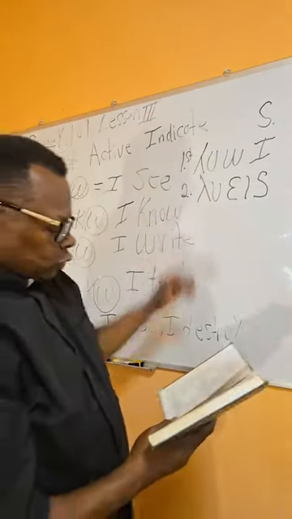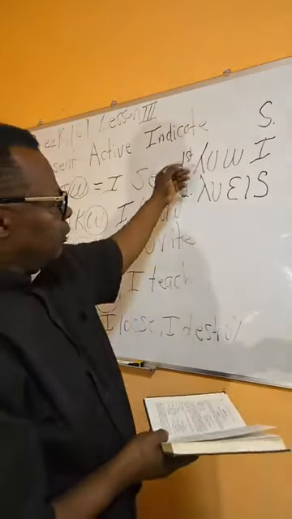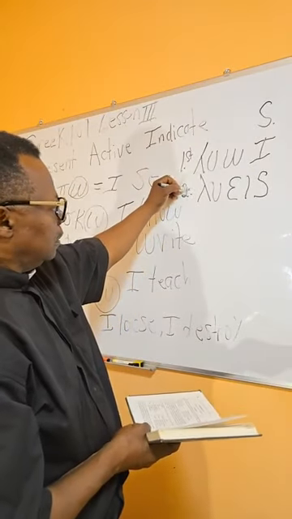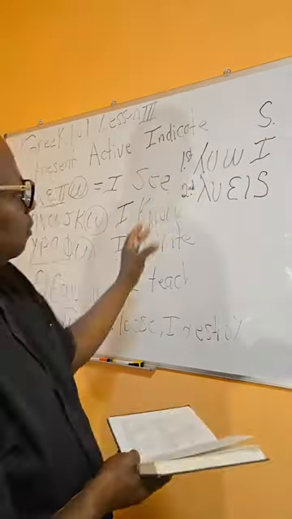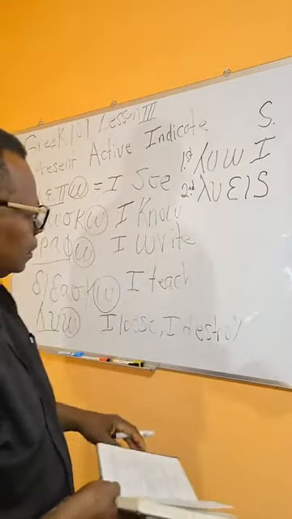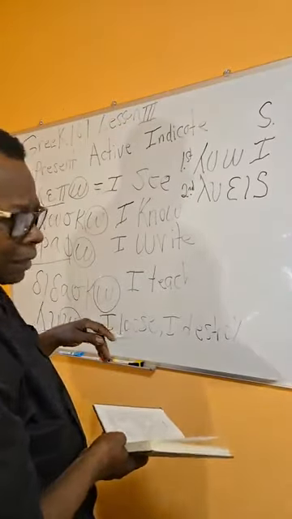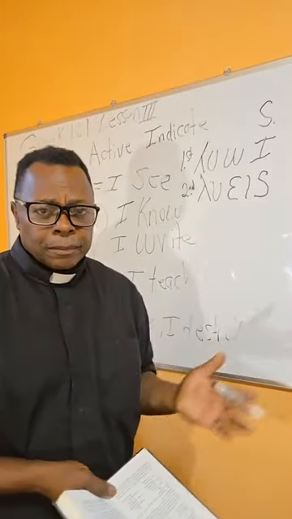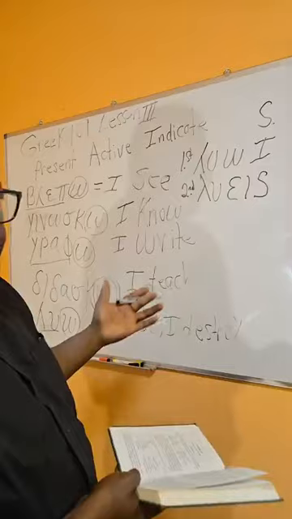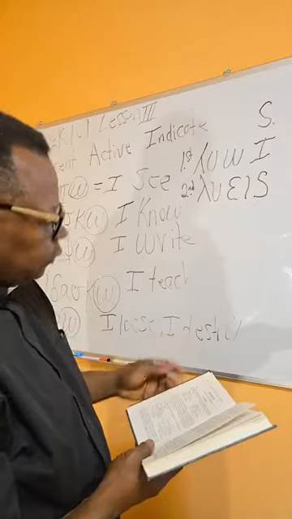That means you loose. If you do it in modern English, you have the second person, present, singular, active. Lueis. How do we pronounce that? Lueis, because epsilon iota is pronounced like the EI in the word weight, or freight. So we have lueis, means you loose.